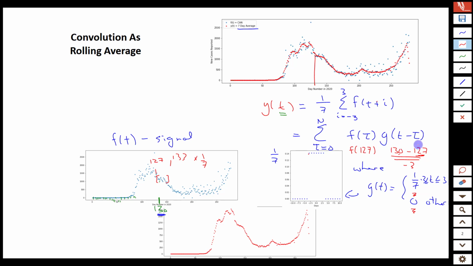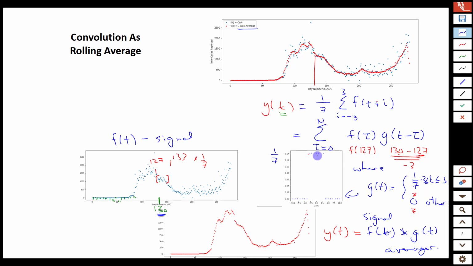And the idea is that we could put any averaging function in here and still say that the rolling average, my y of t here, is equal to the convolution of the signal, f of t, convolved with g of t, which is our averager function here.